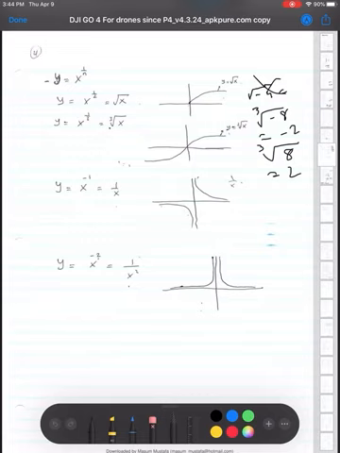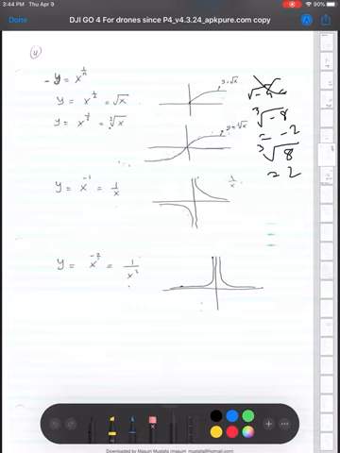If you have a polynomial function y equal to x to the power 1 over n, and if n is even and positive, then the graph is going to look like this. If n is positive but odd, the graph is going to look like this. Why?